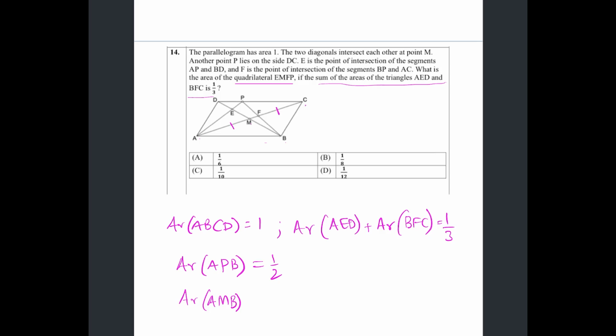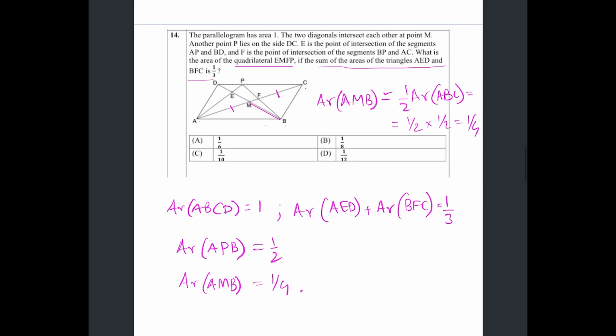And a median, that is this line BM, will divide the triangle ABC into two triangles of equal area. So area of AMB is half the area of ABC, which is already half. Half times half is 1 by 4. So area of AMB is 1 by 4.